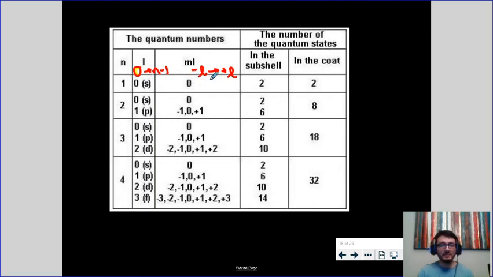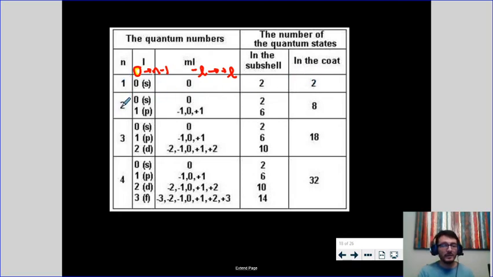Now that makes sense because that beach ball, no matter how you turn it around, it's going to look the same. It therefore only has one ML number. And the number in this subshell, well, there are just two. There's just hydrogen and helium. Number in total, and that n is equal to 1 row is just hydrogen and helium.